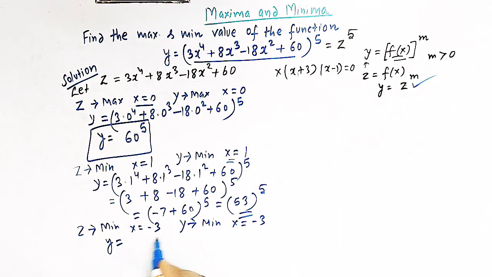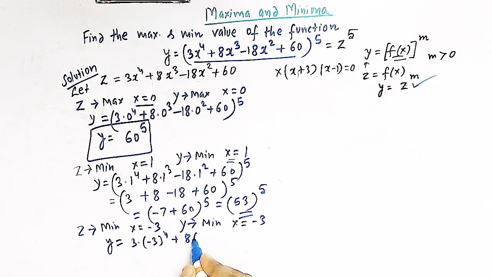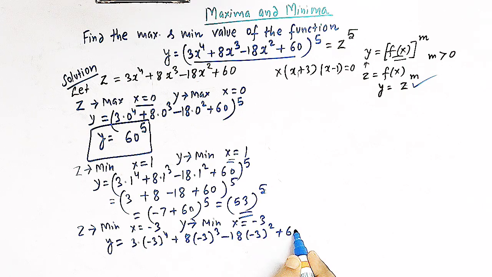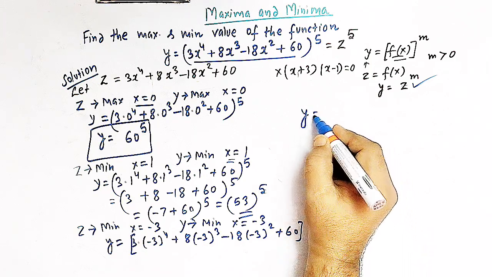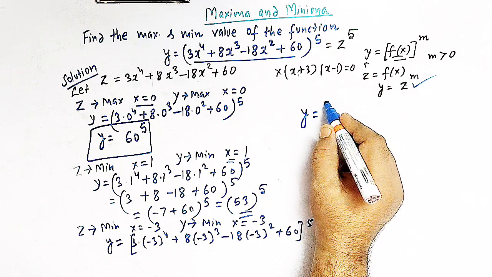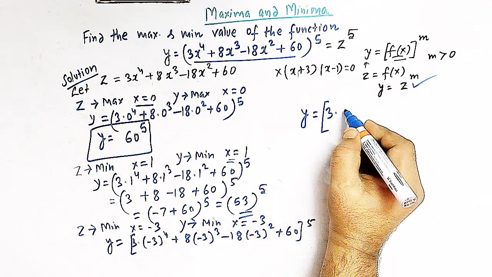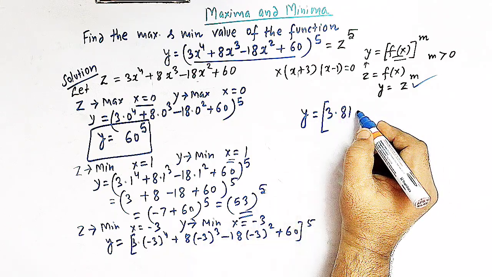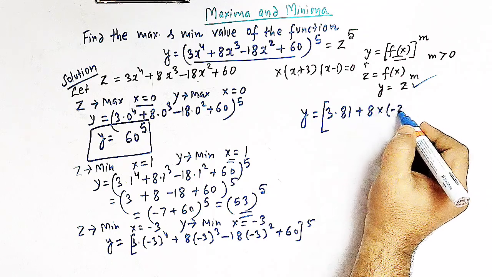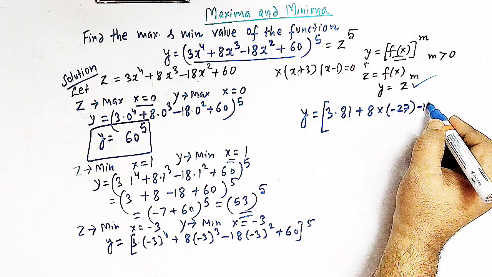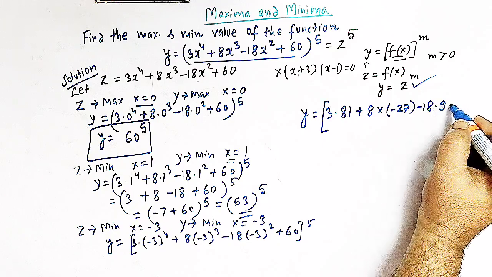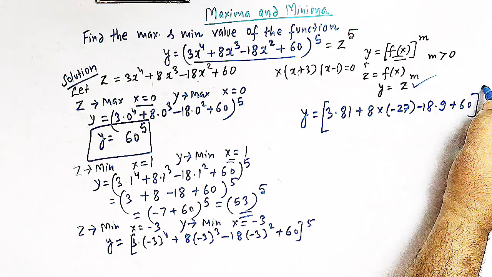So now we have y is equal to 3 times minus 3 raised to 4, then we have 8 times minus 3 raised to 3, minus 18 times minus 3 square plus 60, and here the power is 5. So now y is equal to 3 times minus 3 raised to 4, which is 81. Then we have 8 times minus 27. Then we have minus 18 times 9. Then we have 60 raised to 5.